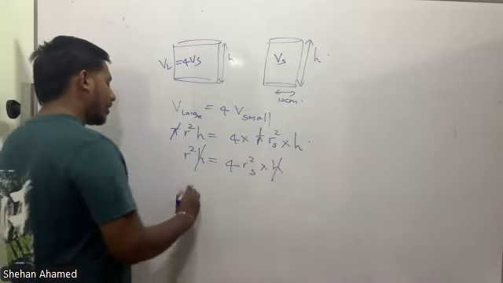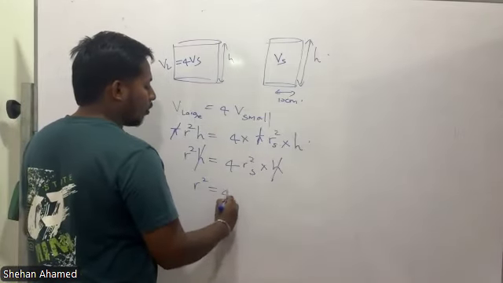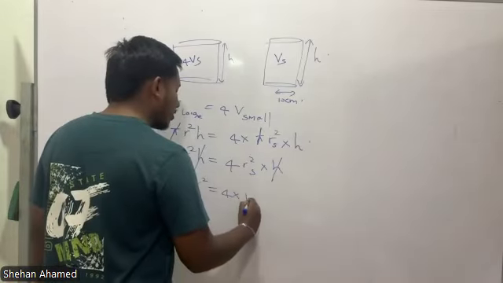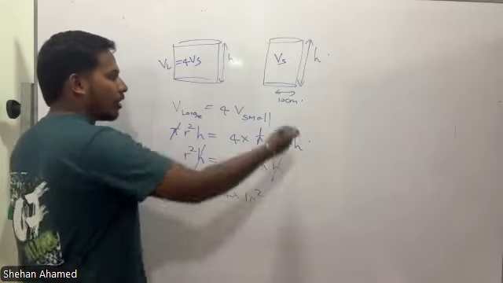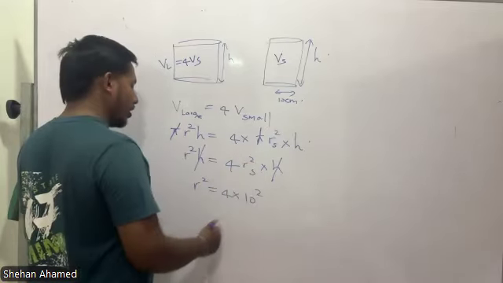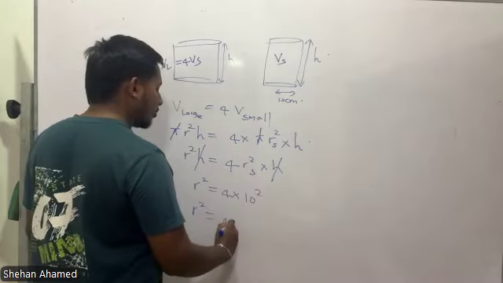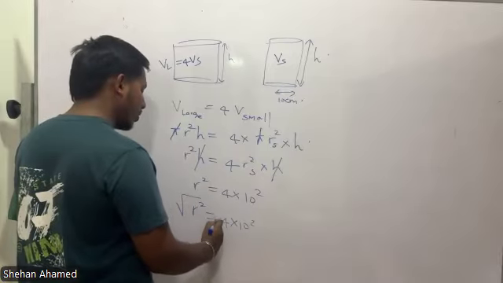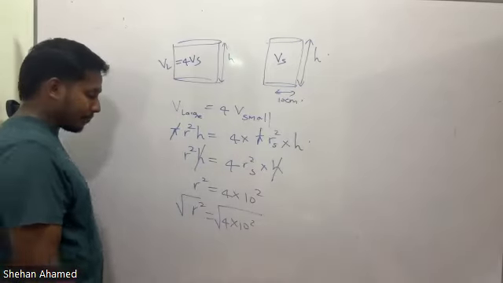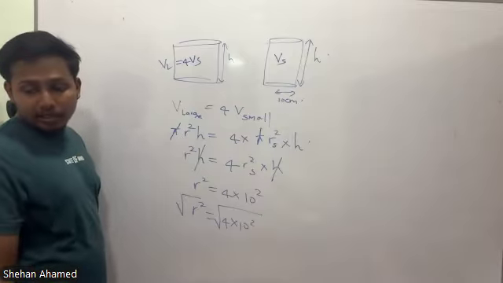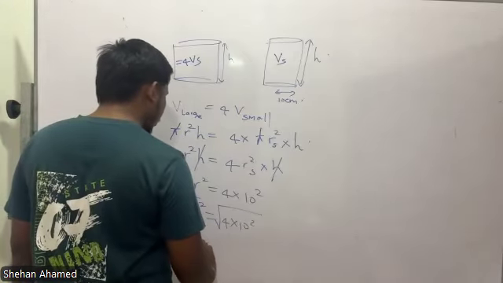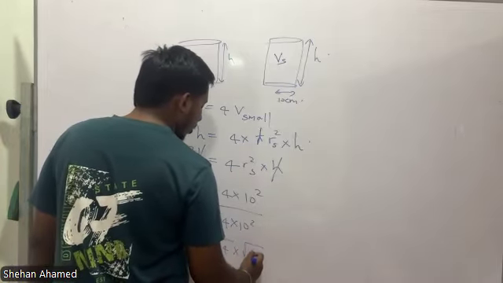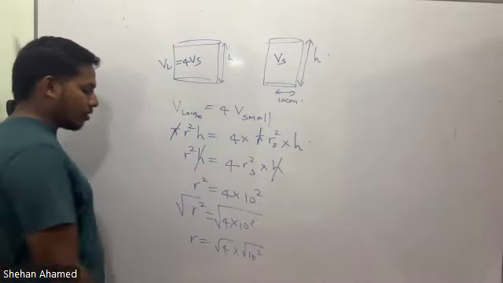Then you end up with r squared equals 4 times the radius of the smaller cylinder squared, which is 10 squared. So r squared is equal to 4 times 10 squared. Since there's a square here, take the square root. The square and the square root cancel. r is equal to root 4 multiplied by root 10 squared.